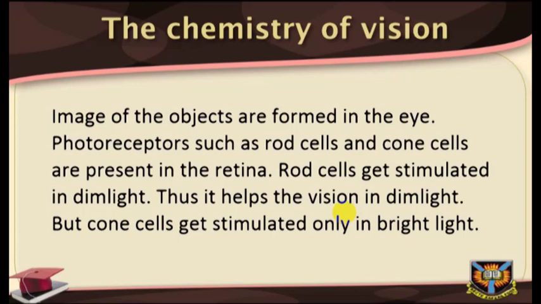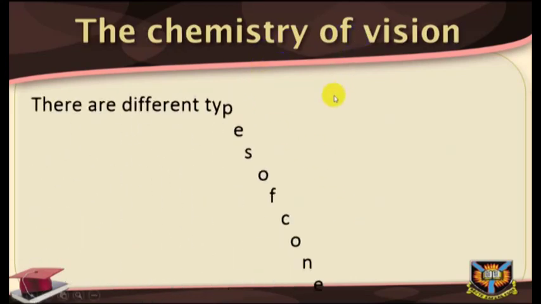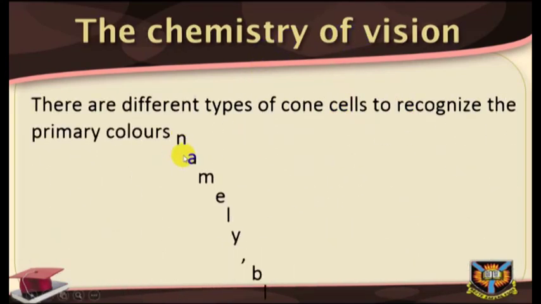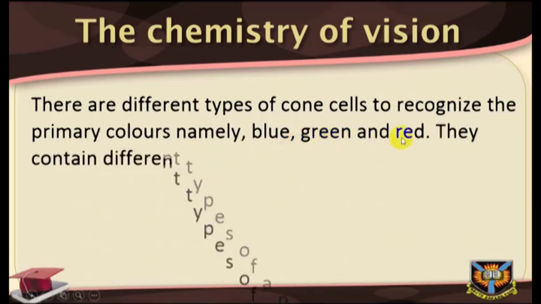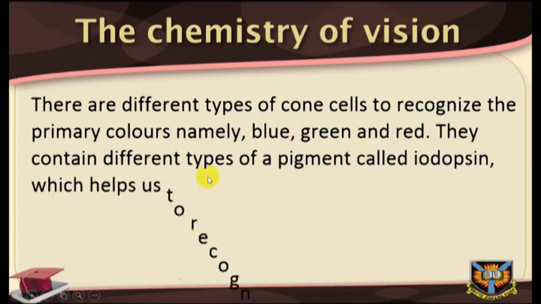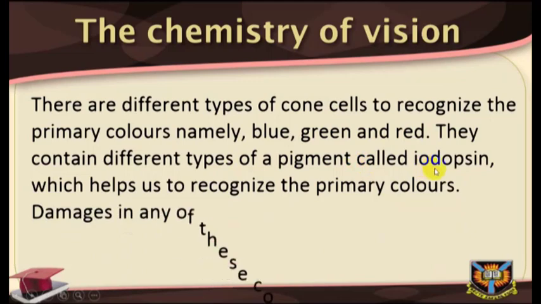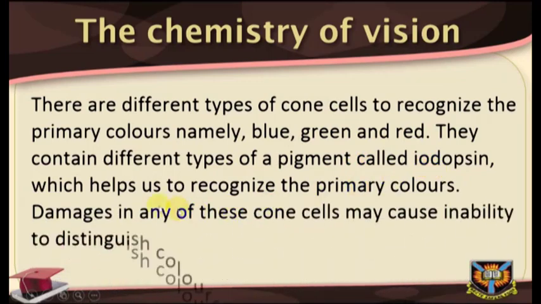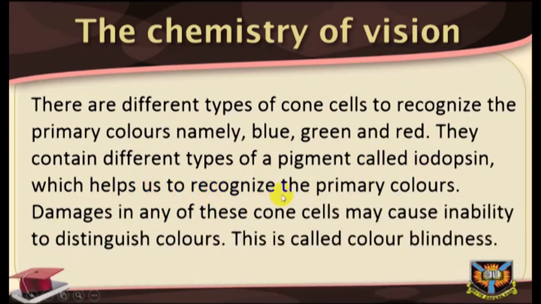There are different types of cone cells to recognize the primary colors, namely blue, green, and red. They contain different types of pigment called iodopsins, which help us to recognize the primary colors. Damage to any of these cone cells may cause inability to distinguish colors. This is called color blindness.